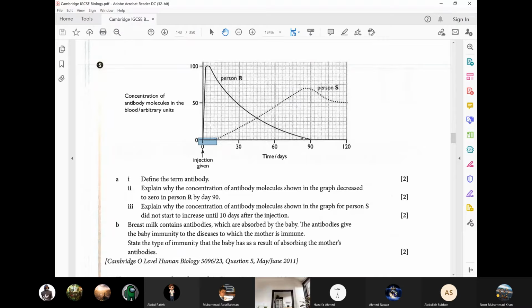Second, these are proteins, so they may become broken down in the body. Right, boys? So there are two options. One option is that they might get used up in the body, or second, they might be broken down in the body. Understood, everyone?